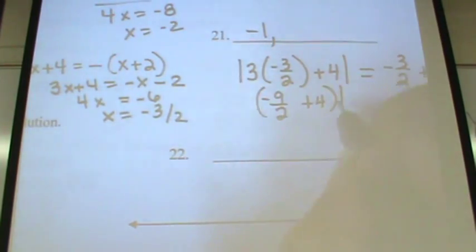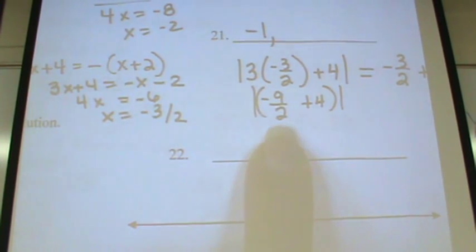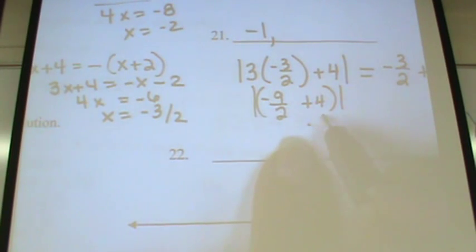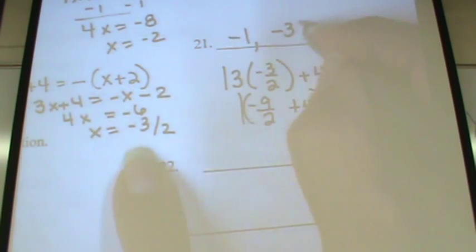You're going to take the absolute value of that. So this is negative ½, and the absolute value of that is going to be 0.5. And then this one is 0.5. So they both do work. So this answer does also work.